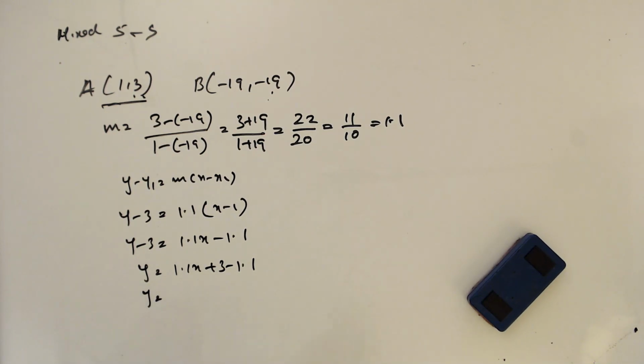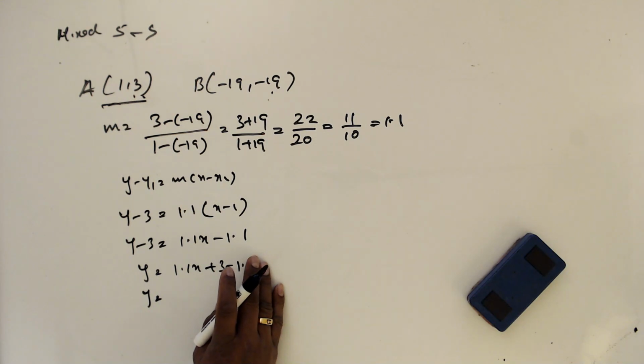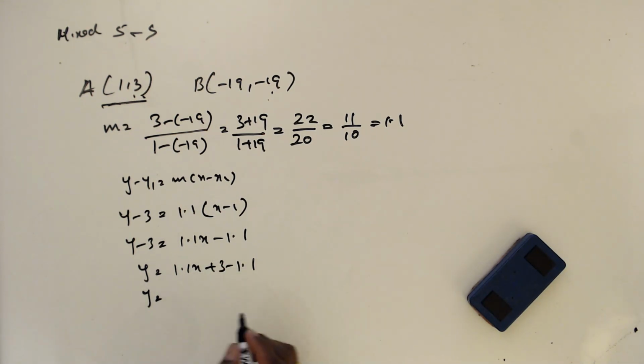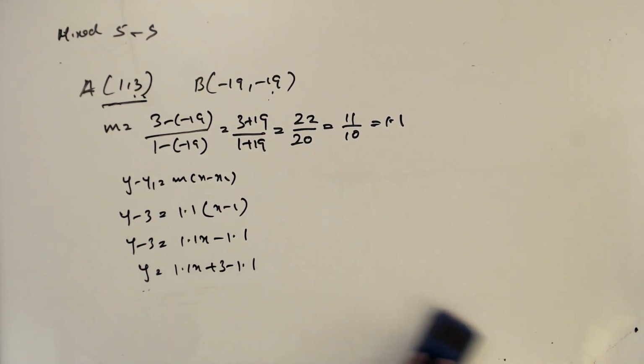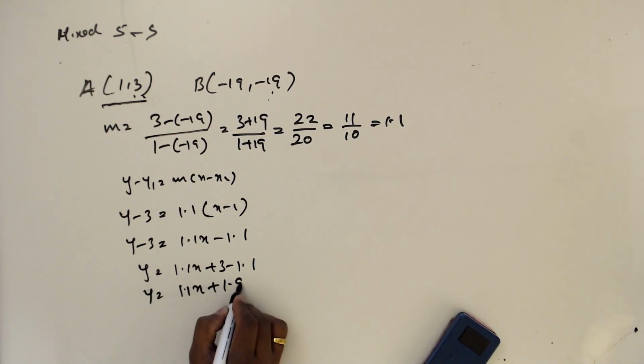So when you take 1 out, 2 is remaining, and another 0.1, then 1.9. Sorry, y equal 1.1x plus 1.9.